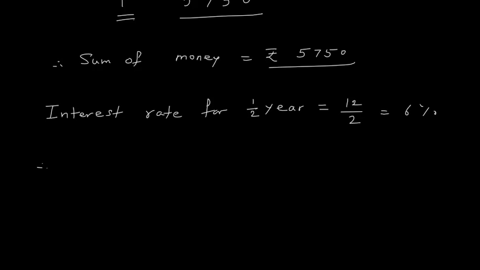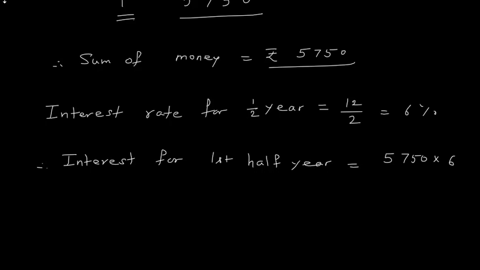Therefore I will say the interest for first half year is equal to, now the principal is 5750, rate is 6 for half year, into 1 divided by 100.